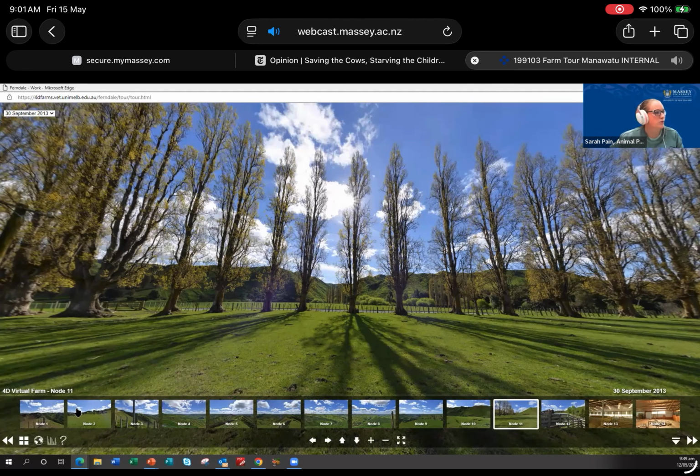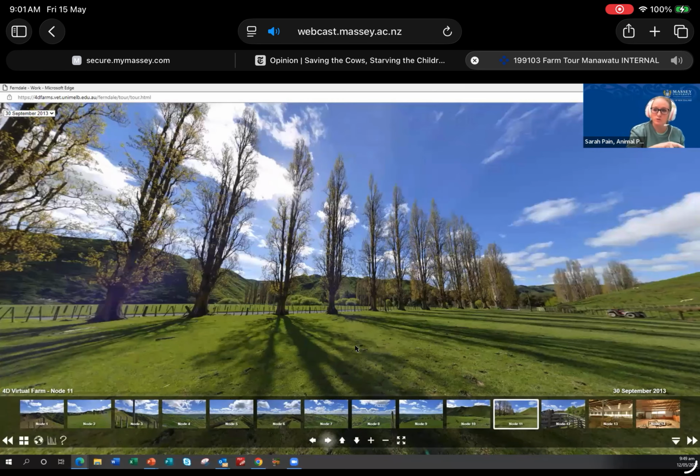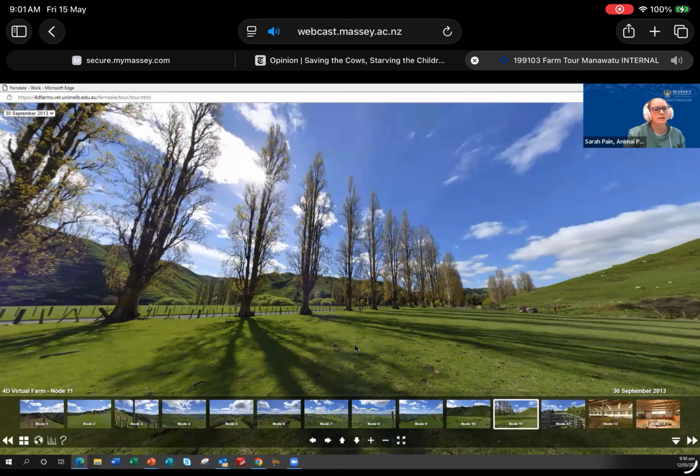Again, I just want to draw your attention to the grass, so that when we go and look at the dairy, you can see that the grass cover is quite distinctly different between a sheep farm and a dairy. On a sheep farm, I always think they look more like lawns.